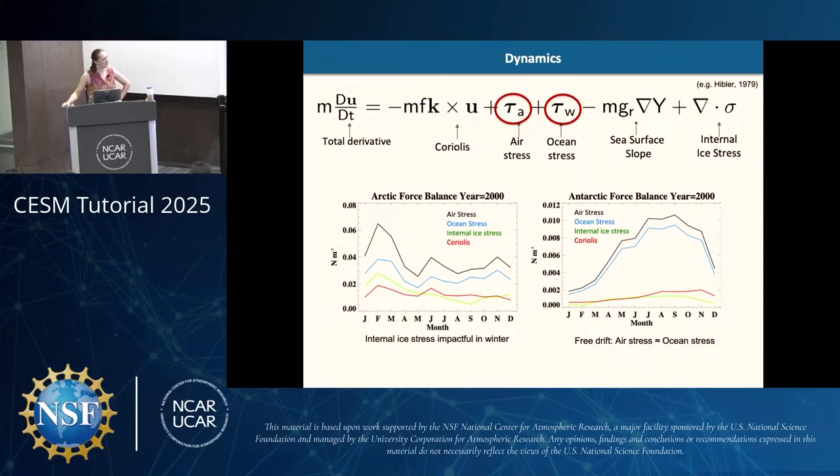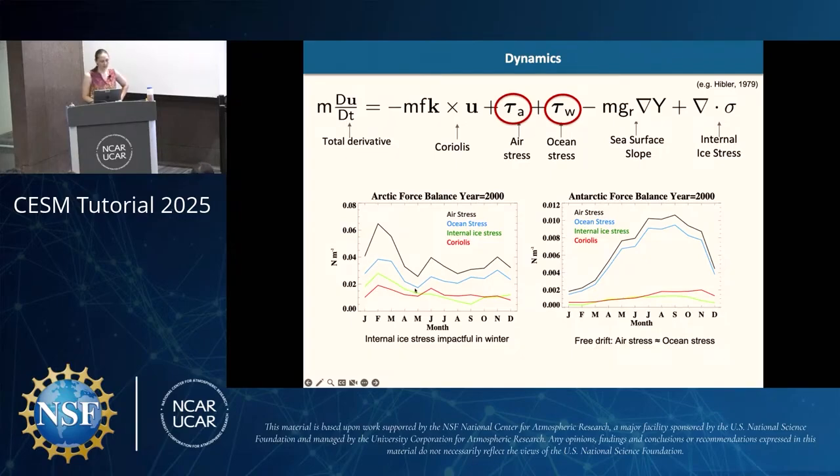But what's valuable for you to know is that in the Arctic and the Antarctic, the different dynamic forces can differ in terms of which ones are the most dominant. Air stress and ocean stress are in black and blue here, and you can see that they're the dominant terms in both hemispheres. We have the Arctic on the left, the Antarctic on the right. But you can see that they differ in the Arctic.